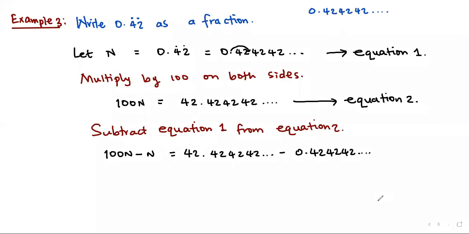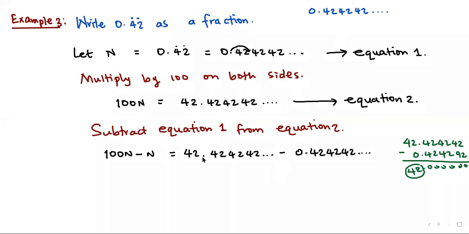Okay, so if we get 42.424242 minus 0.424242, the repeating part cancels out. So you see that we get 42.